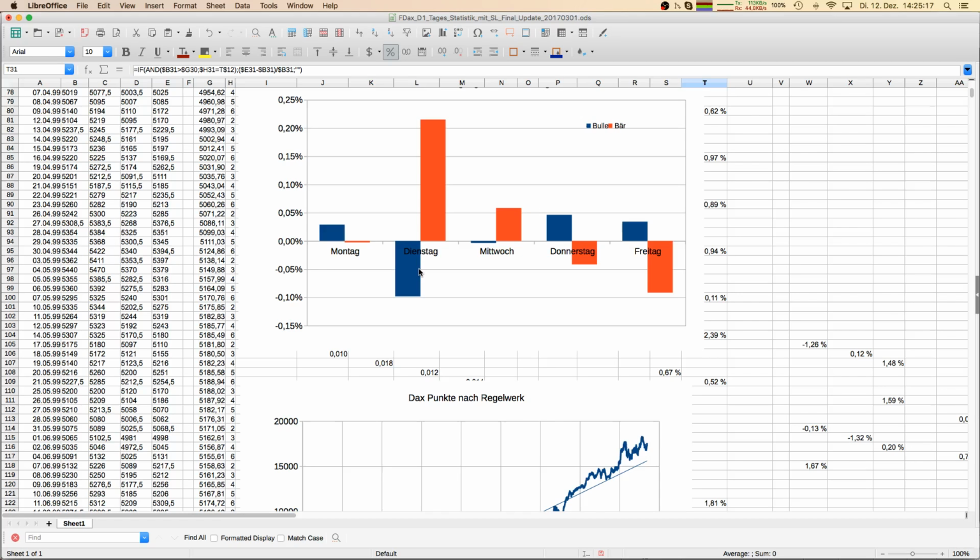That's all. Within that Excel sheet, and by the way, if you want to have that Excel sheet, just send me an email and I make sure that you will get that Excel sheet. We can now change the parameters like the EMA value or the stop loss value for our trading.